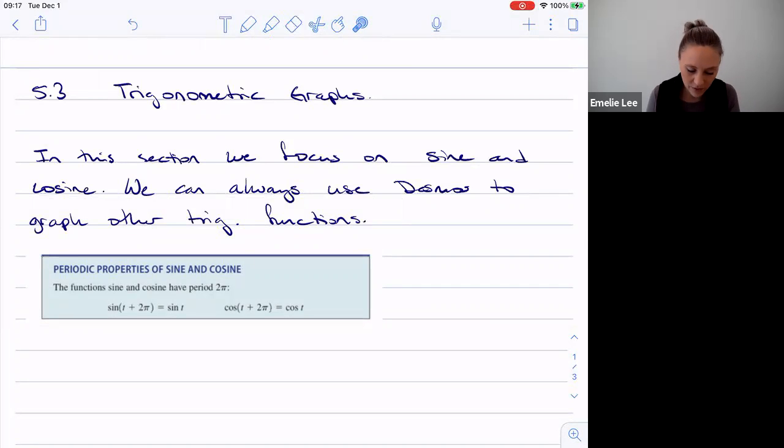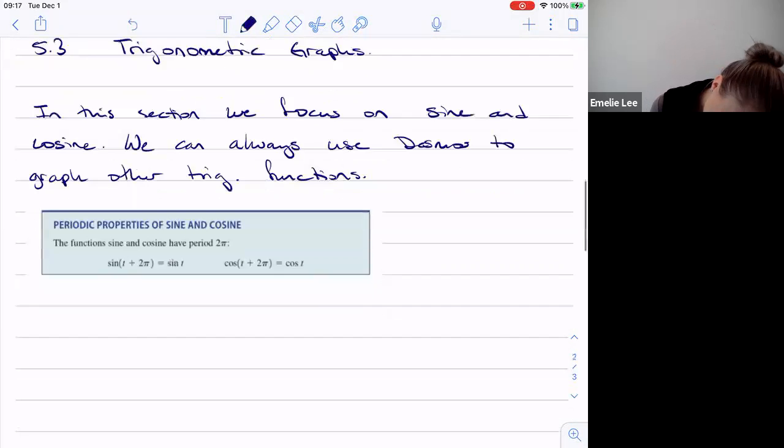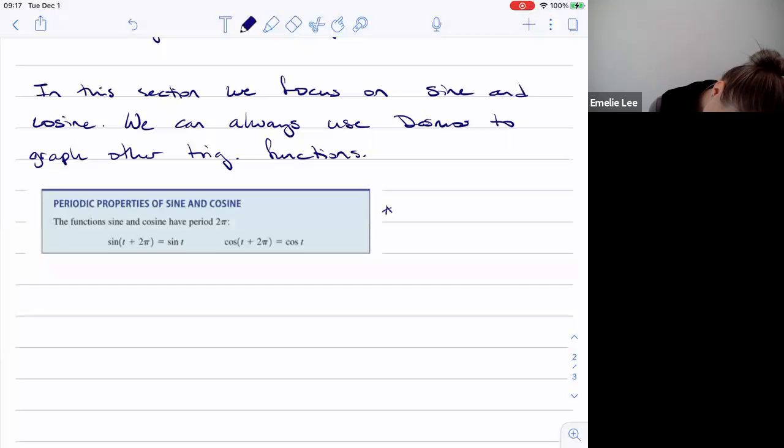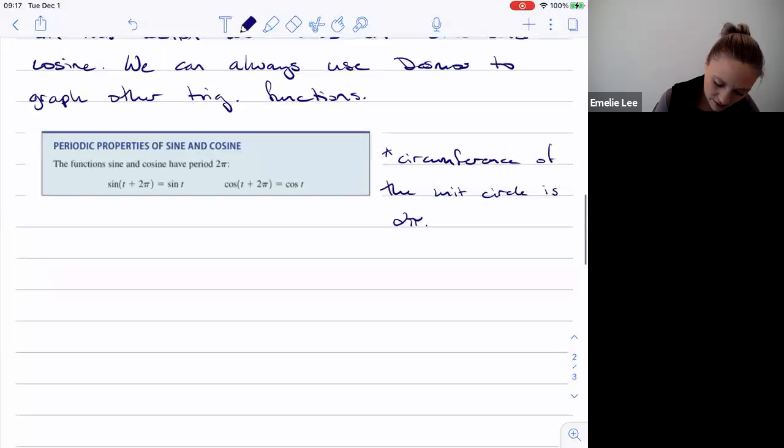We say that the functions sine and cosine have a period of 2 pi. Remember, the circumference of the unit circle is 2 pi, right?